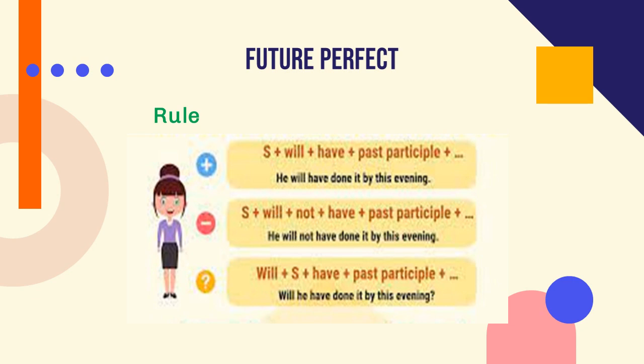So here we add the not, of course. He will not have done it by this evening. If we're going to ask a question with future perfect, we will say will plus subject plus have plus past participle. For example, will he have done it by this evening?